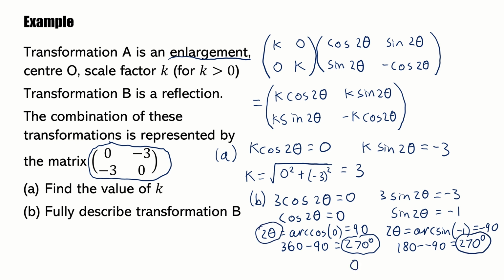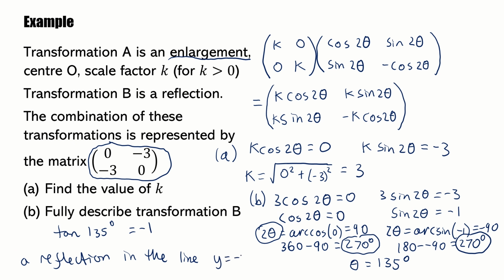So we need to find what the value of theta is, and that would be 270 divided by 2, which would be 135 degrees. There you go. Tan of 135 degrees is equal to minus 1. So therefore, the answer to part B is it's a reflection in the line y equals minus x.